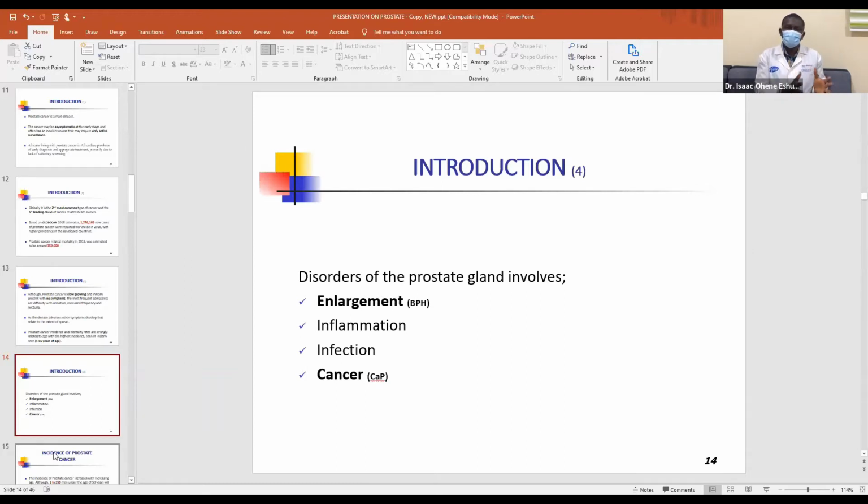Again, you could also have a chemical irritating the prostate, and this is more of a sterile inflammation. So the infection can give an inflammation of the prostate, and sometimes it is not infection, but something other than infection irritating the prostate, giving you more of a sterile inflammation picture.